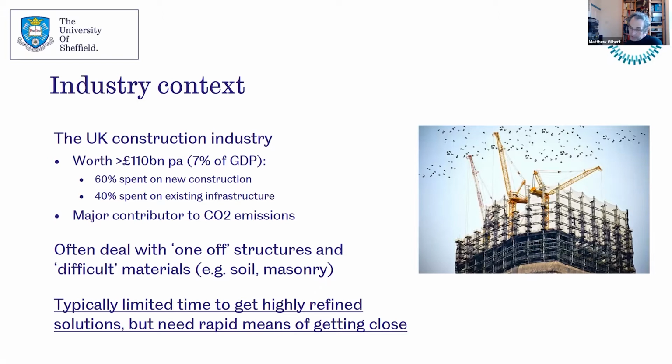So we have only a limited window of opportunity to refine our designs. The other thing is that we're often dealing with quite difficult materials in terms of their mechanical properties, things like soil and masonry, which are much less well behaved than many materials used in, for example, the normal manufacturing sector.